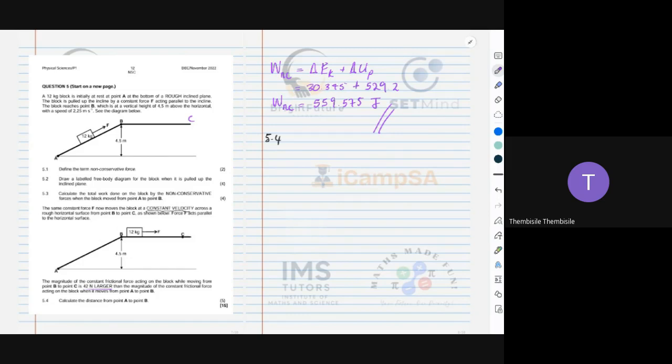Okay, so let's start with the work. We want the distance. We've got work net. This work net here, we know that it's the work done by non-conservative forces, right? So how then do we calculate that?